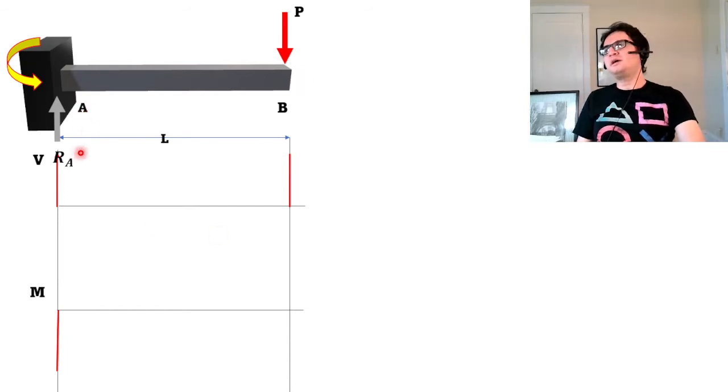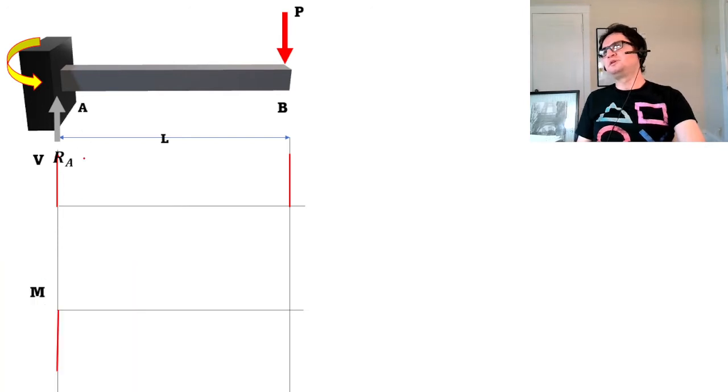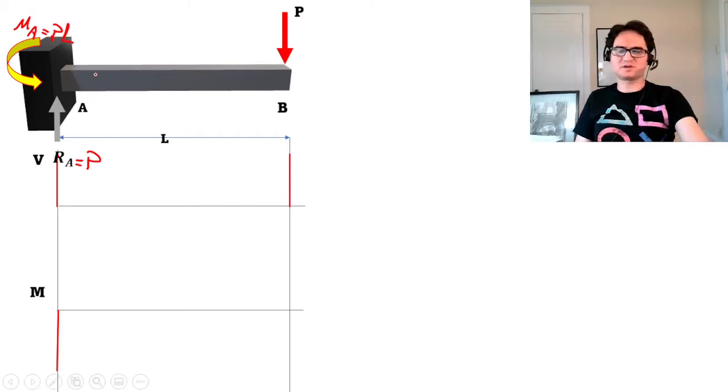So RA is equal to the amount of force applied at the other side, that's P, and there is no other vertical forces, so these two cancel each other out. And there is a counterclockwise moment due to the concentrated load at free end B, and MA is equal to PL, counterclockwise.